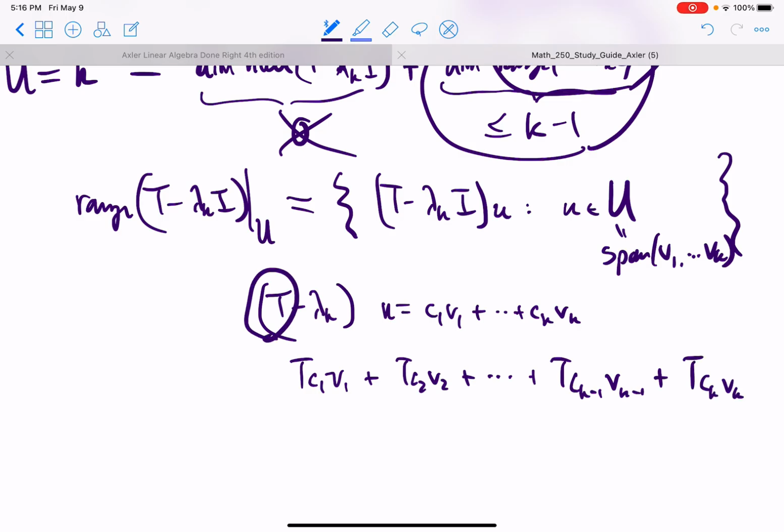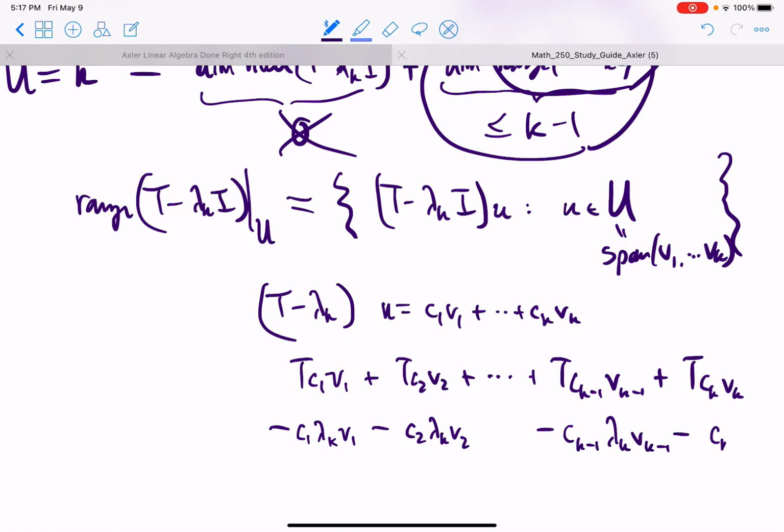I just applied T to everything over here. Now I subtract lambda k times the identity applied to everything: c1 lambda k v1, c2 lambda k v2, up to ck minus 1 lambda k vk minus 1, and ck lambda k vk.